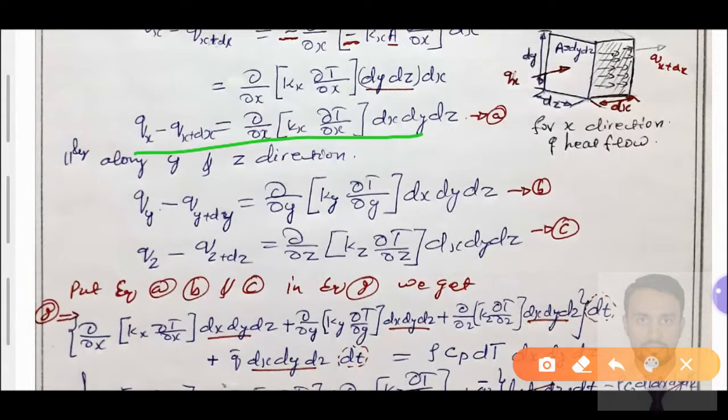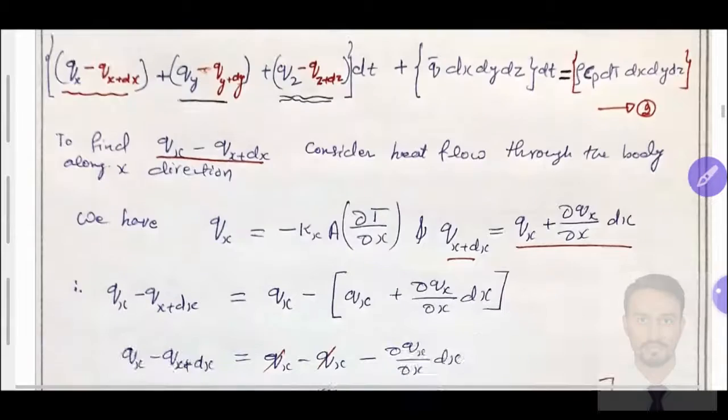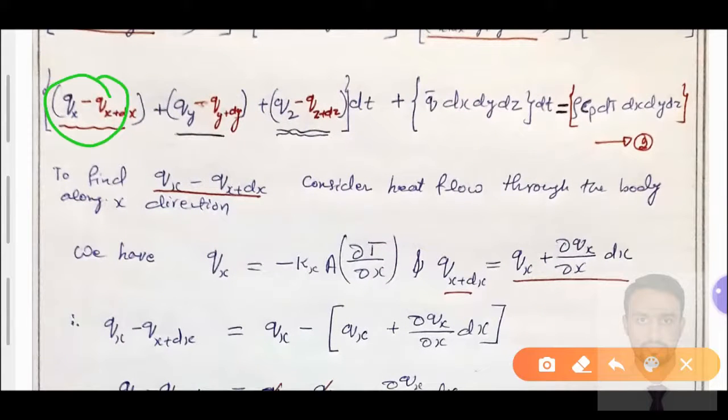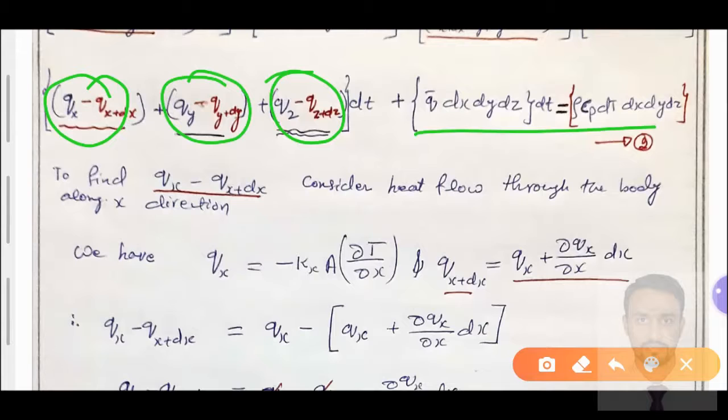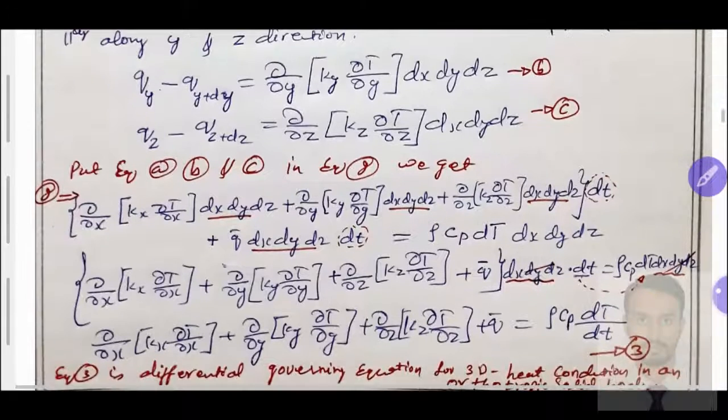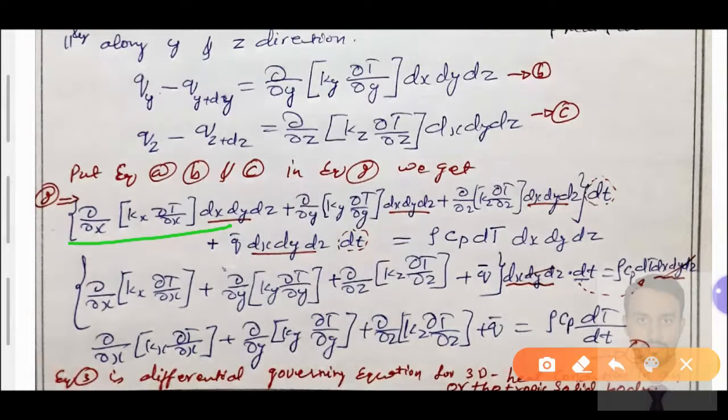Then substitute all equations A, B and C into equation number 2. In equation number 2, this is equation A, equation B, equation C; substitute those values, and this will remain as it is. We'll have the modified equation for heat flow along the x direction, the modified equation for heat flow in a volume along the y direction, along the z direction, into dt.